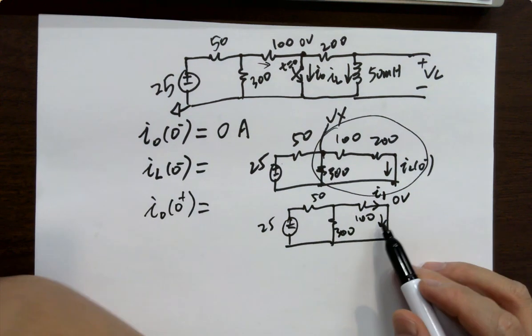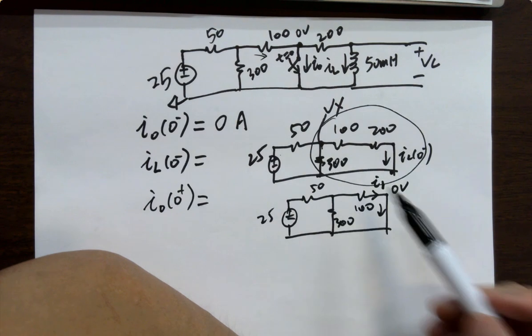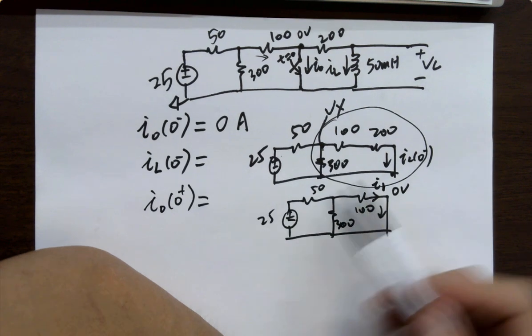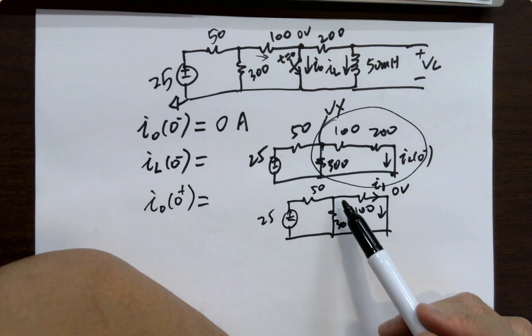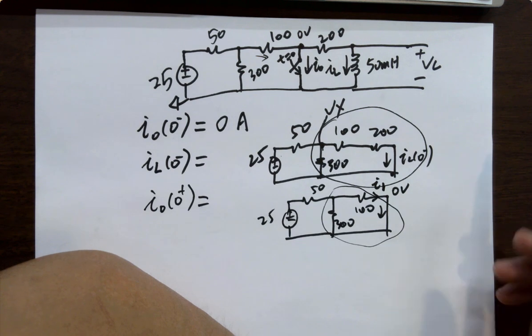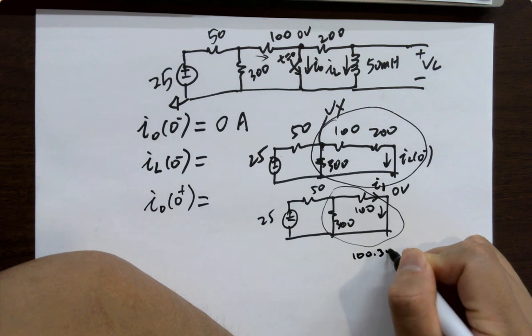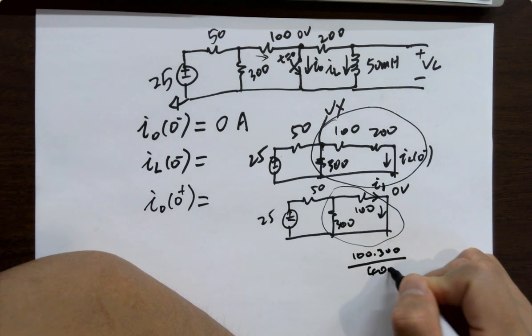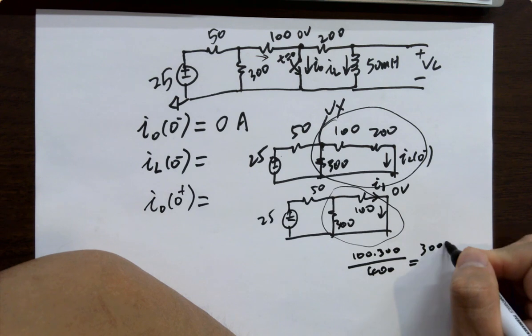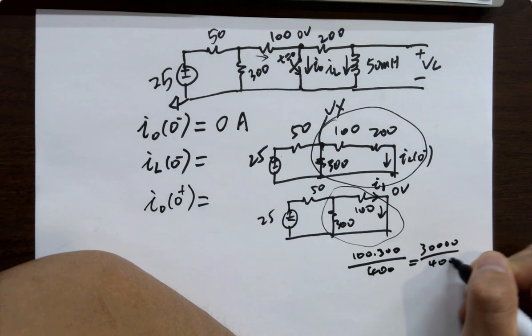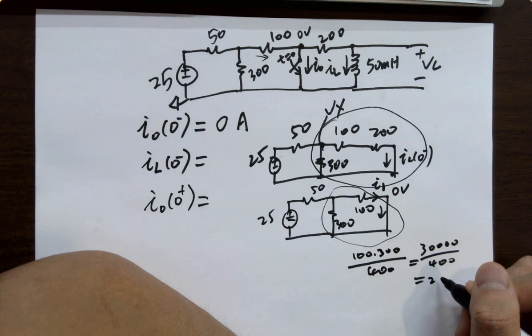Because the circuit is already formed like this. Can you find out the resistance here combined? What is it? 100 times 300 over 400, which is 30,000 over 400.